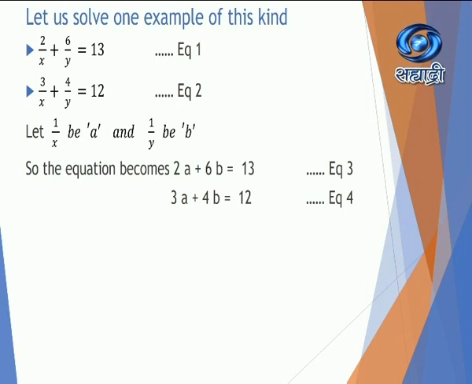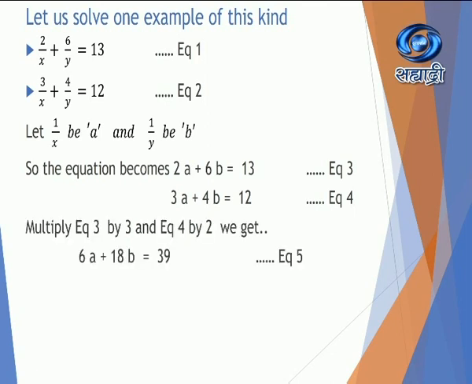Now, this is a simple linear equation. Any method which is comfortable to you, you can go for it and solve. Here I have taken, that is, multiply equation 3 by 3 and equation 4 by 2 so that one of the variables can be eliminated.